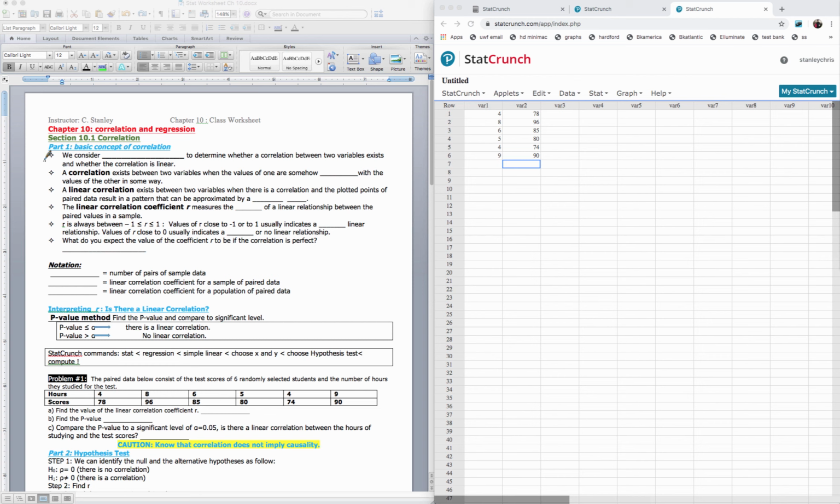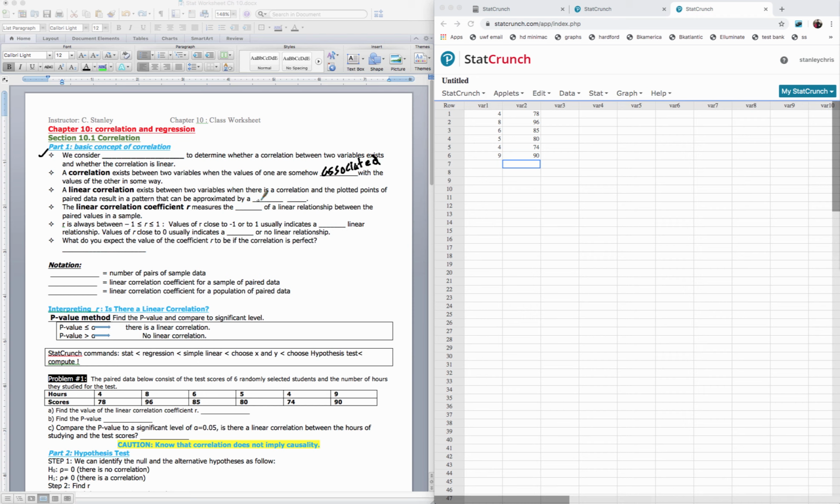So that was scatter plots. We got that. The correlation exists, somehow associated. You can go ahead and read that. It means that you're seeing a pattern on a scatter plot.